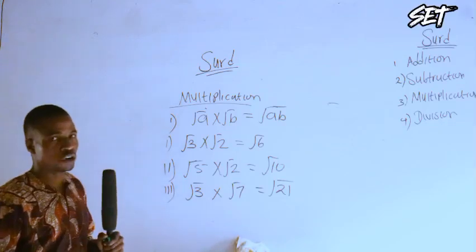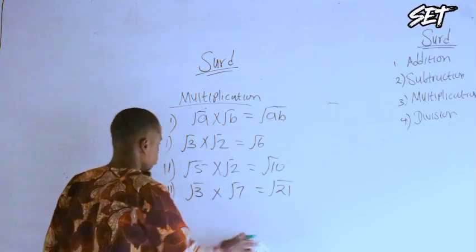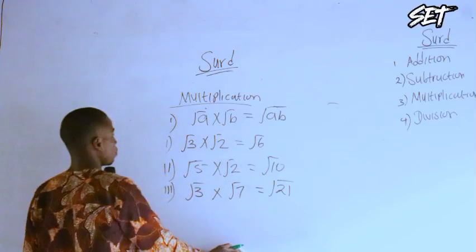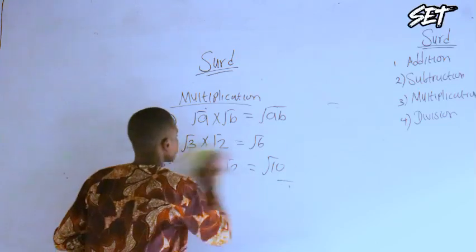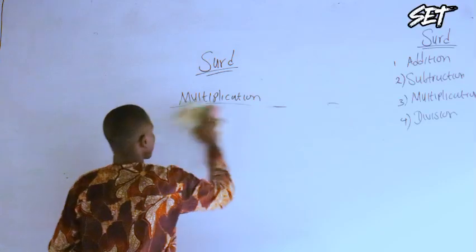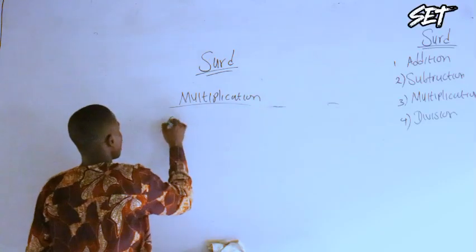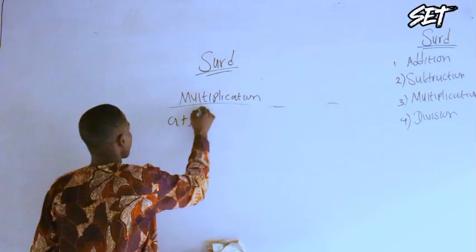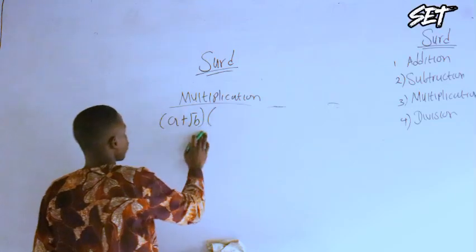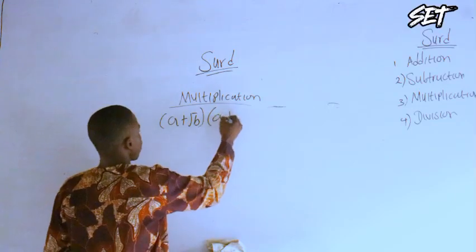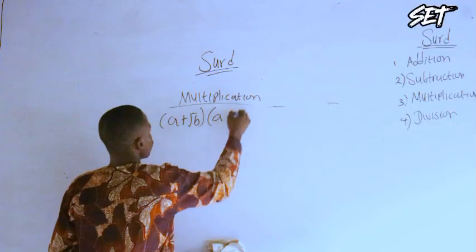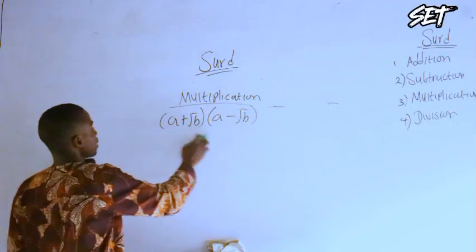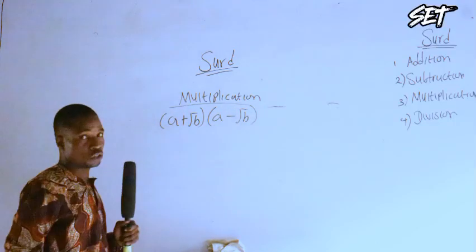Now, let us move to the complex case of multiplication. When we have A plus root B, bracket, A minus root B, they are not the same thing. This one is plus, this one is minus.